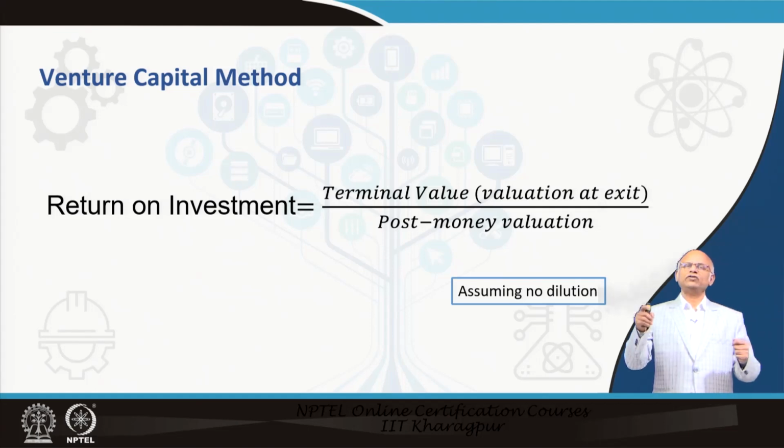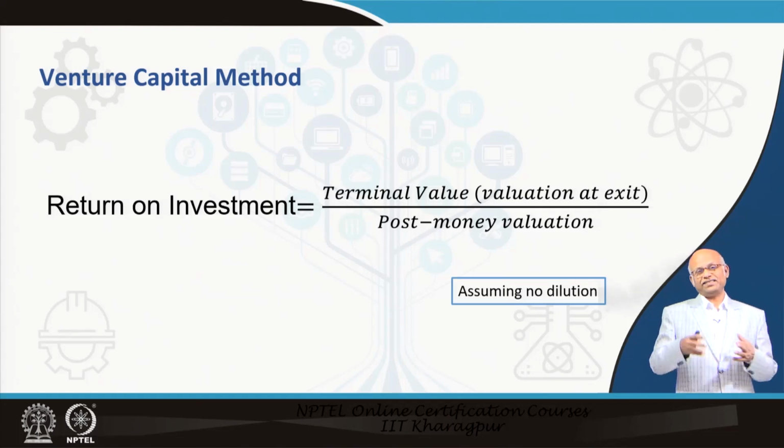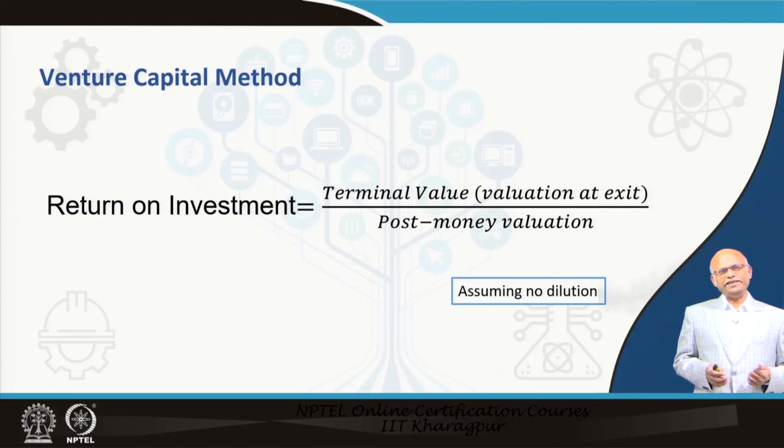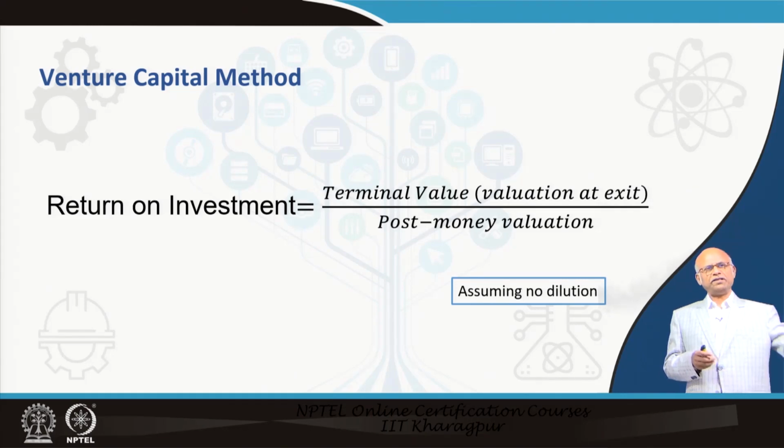Forget about percent, it is 20x. That is what x means in the realm of investment. So, they will tell you our expectation is a 20x return in 5 years, given the risk that your company is exposed to.